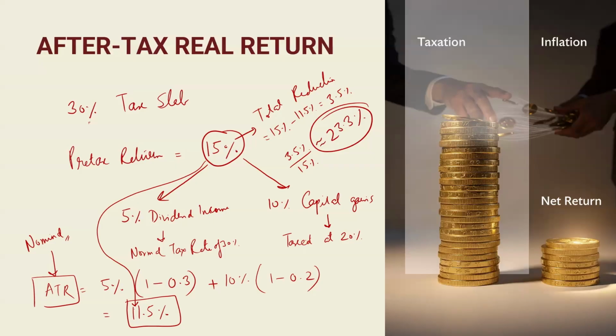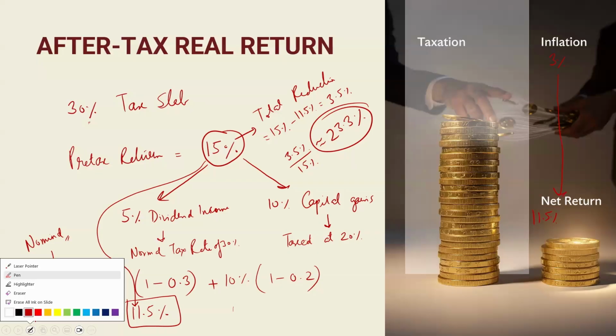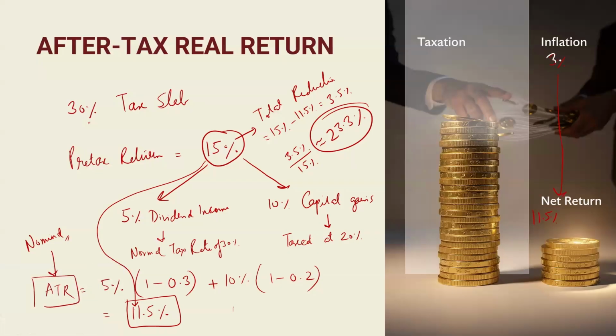So if you adjust this for inflation, let's say somewhere like 3% inflation is there, then the net return that you are getting is 11.5% minus 3%, which is actually equal to 8.5%.